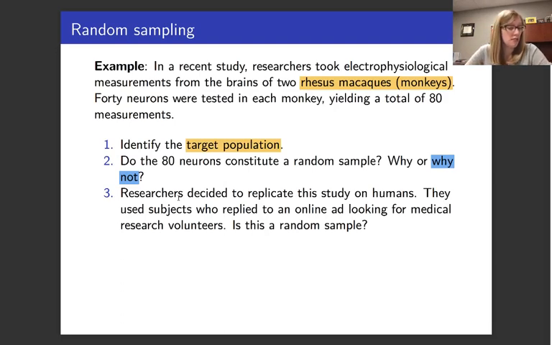So, 3, researchers decided to replicate this study on humans. They used subjects who replied to an online ad looking for medical research volunteers. Is this a random sample again? Probably not. People volunteered. In order to get a random sample of humans, we would have to have some way to randomly sample humans. I would need to have a list of all possible subjects, all members of my population, in this case, all human adults.